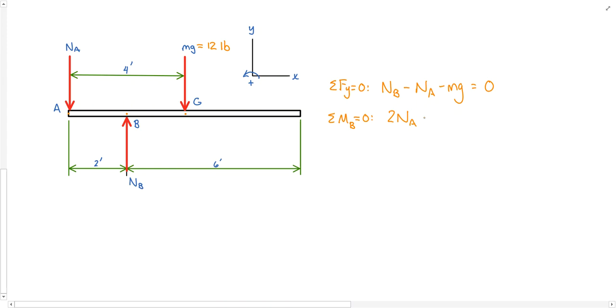So it's going to produce a clockwise moment, and that would be equal to 0. And it's easy to see at this point the 2's would cancel, and it happens to be the case that NA is equal to the weight, which is in fact 12 pounds. And we get a positive value for this number. If we take the mg term to the other side, it would be positive, which means that NA does in fact point downward.